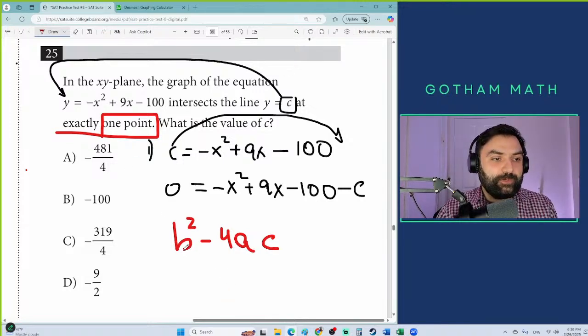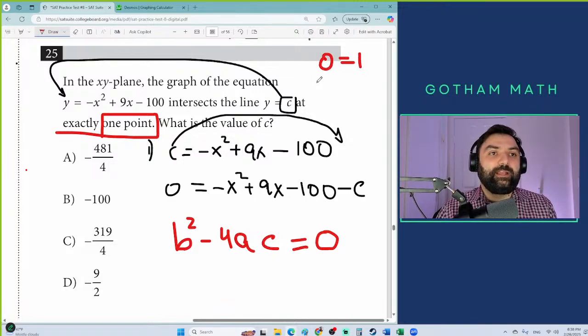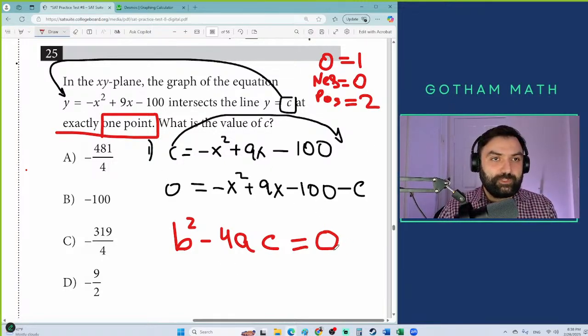It means that when we plug into b squared minus 4ac, it's supposed to equal 0. This is just a memorization. I've written it many times: if it equals 0, it's one solution; if it equals a negative number, it's 0 solutions; and if it's a positive number, it's 2 solutions. That's how it works. In this case, it's one solution, so it has to equal 0.